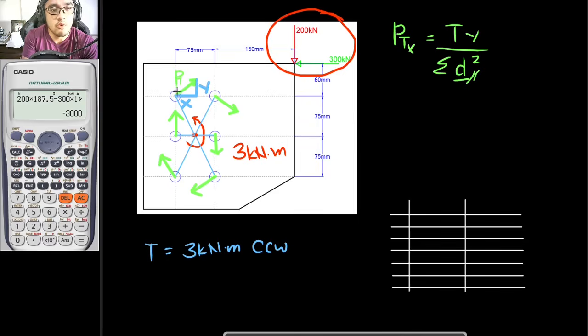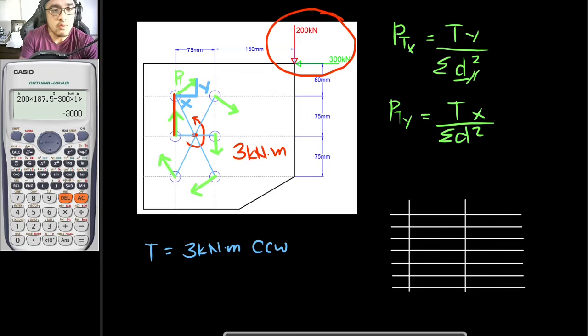So for example, if you take the first one, it would be this one right here. So if you would be getting PTy, which is the y component, that is T times x divided by the summation of d squared.